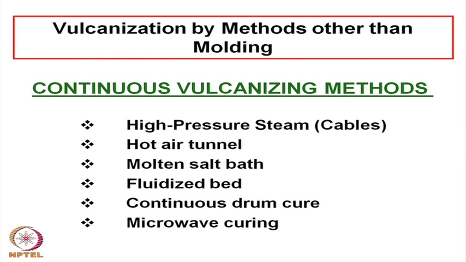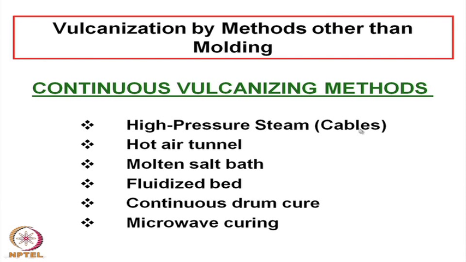Other than compression molding, continuous vulcanization methods can be adopted. That means the product is being fabricated and continuously enters into a system or device where it is continuously vulcanized.